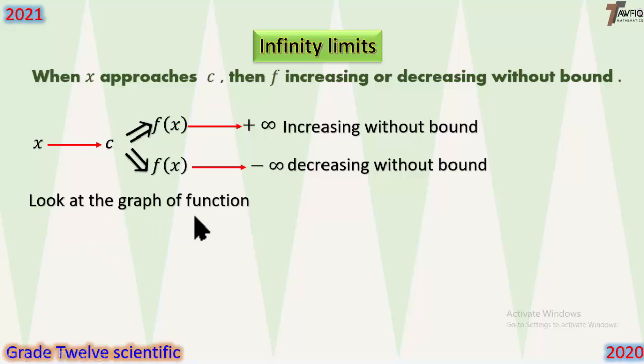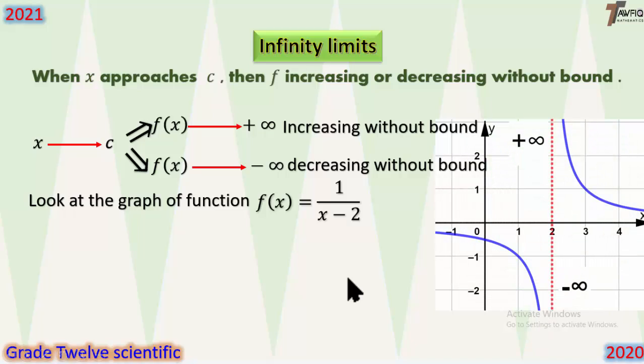Look at the graph of the function f of x equals 1 over x minus 2. You can see when we approach 2 from the right, the function goes to positive infinity. That means the limit as x approaches 2 from the right of f of x is positive infinity, increasing without bound.